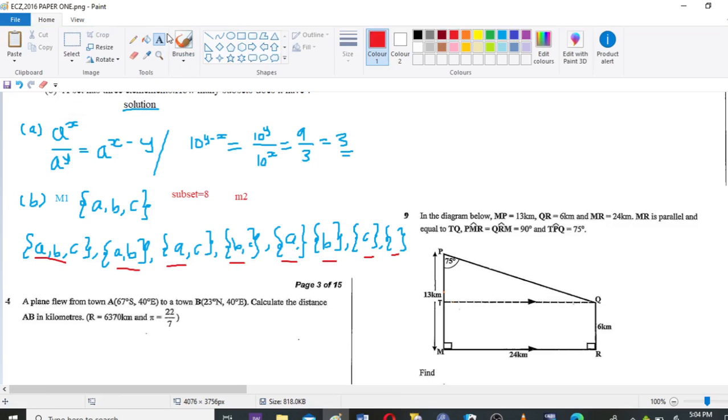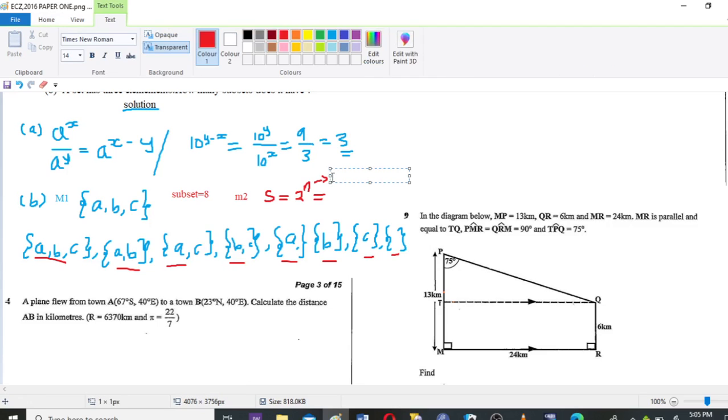We can use the formula if you want. We know that the number of subsets, S, is equal to 2 raised to the power n, where n denotes the number of elements of that set.